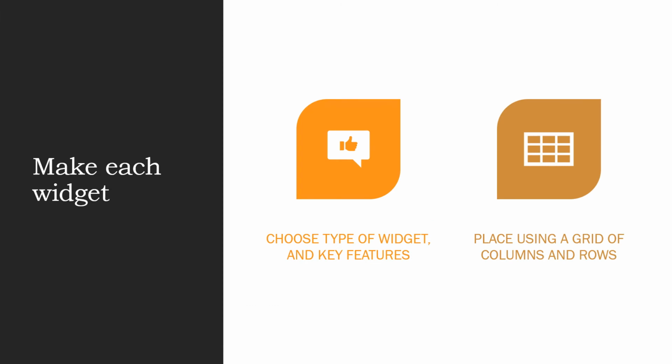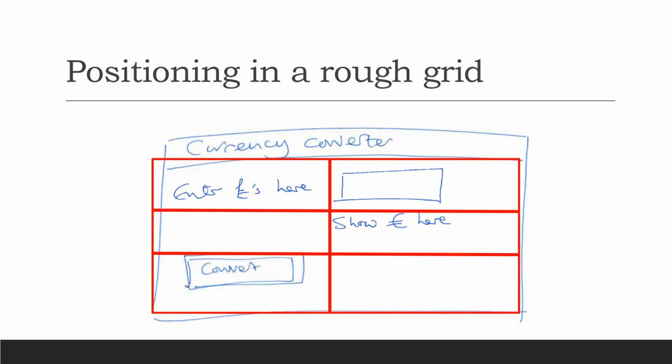Now in the next lesson we're going to make this interface, and in order to do that we've got to put all the widgets into the window, and that takes 2 lines of Python, 1 line to set the type of widget and other key features, might be its size or color or whatever, and then a second line where we're going to place the widget onto the window using an imaginary grid of columns and rows.